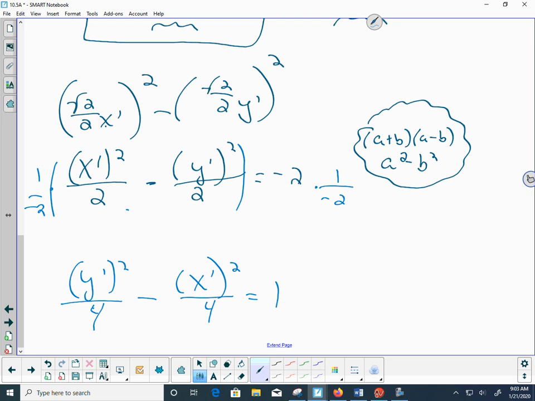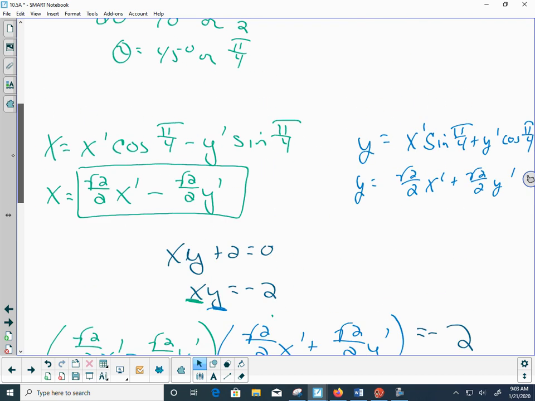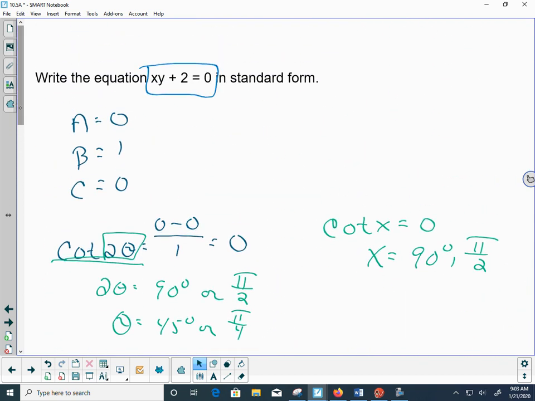So we said it was a hyperbola, yes? You know I want to graph it, right? If it just says put it in standard form, then we'd be done. But see how I had this xy term?